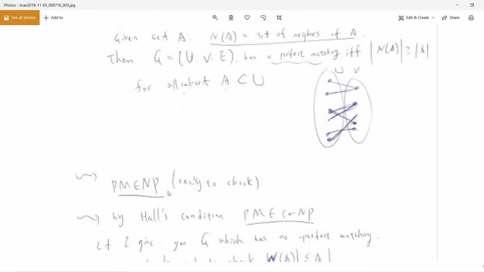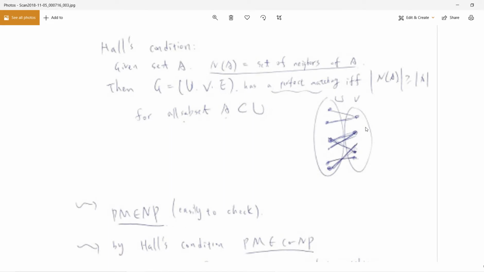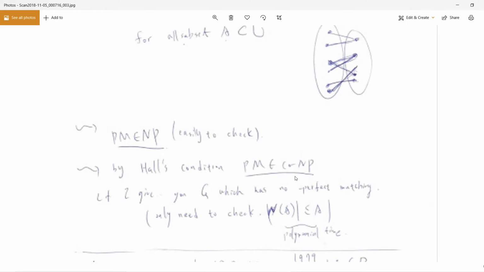So this proves that perfect matching belongs to NP, right? This is easy to check. But by Hall's condition, perfect matching also belongs to coNP.